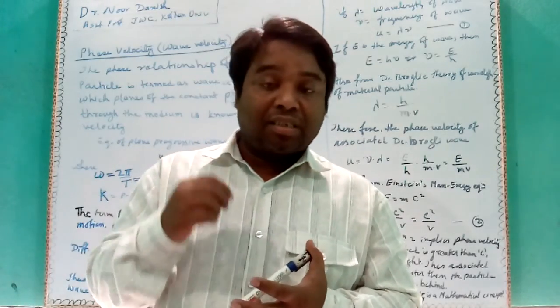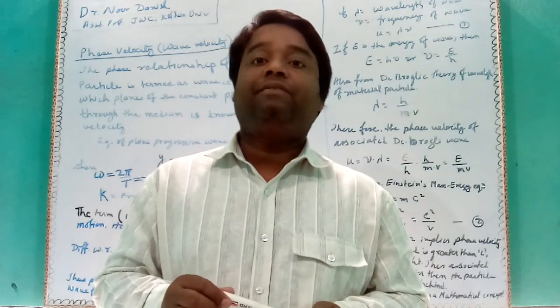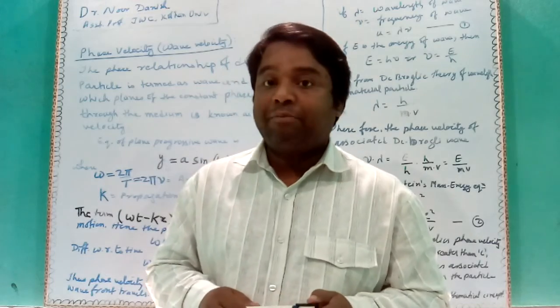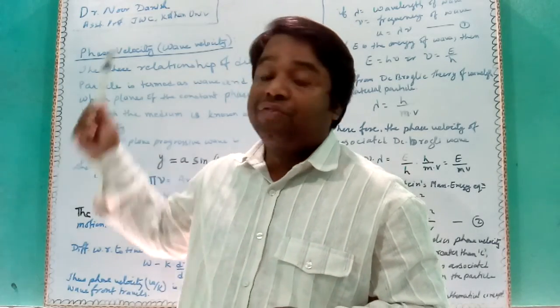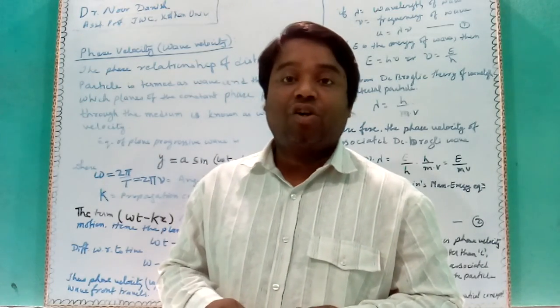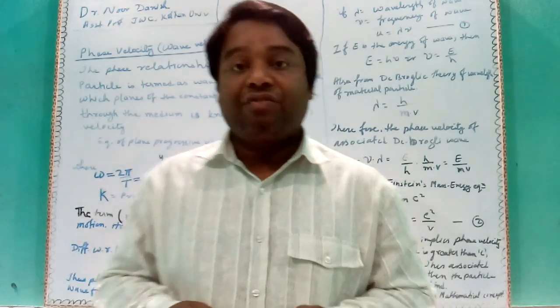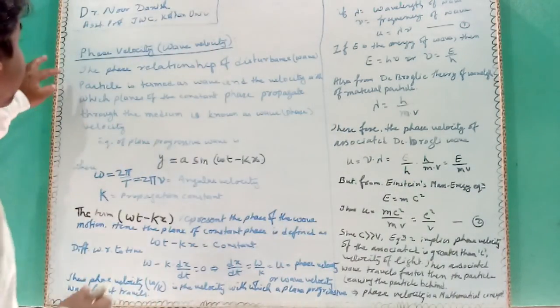Now the wave is moving with some velocity, and for this there are two types of velocity. One is called phase velocity and another is called group velocity. In this lecture you are dealing with the phase velocity. What is phase velocity?